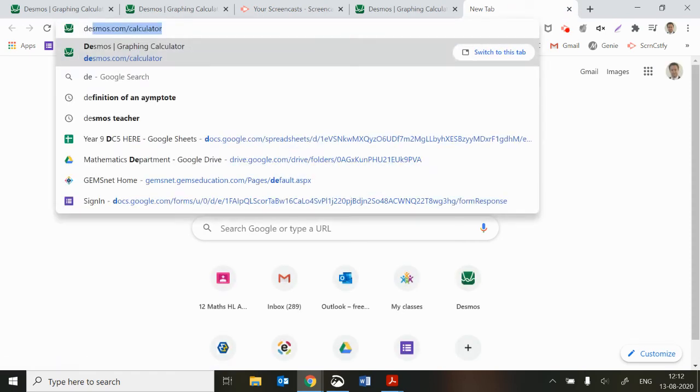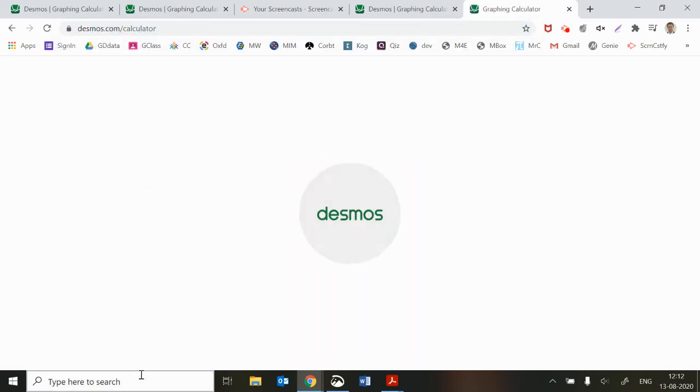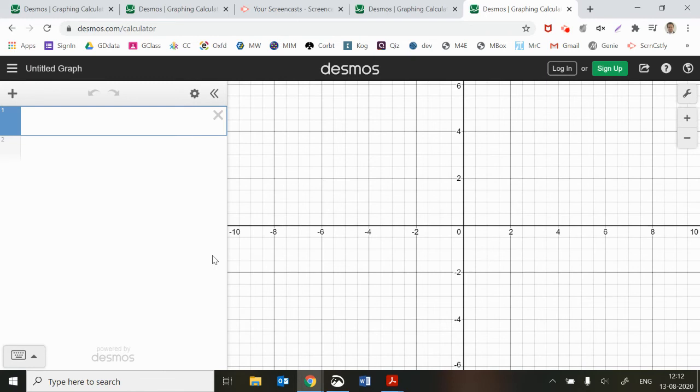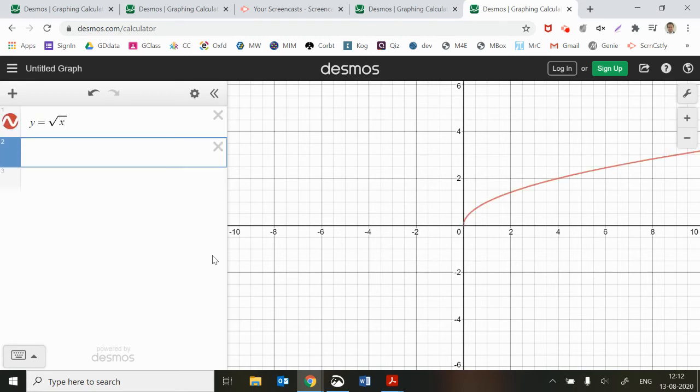So let's have a look at this. Let's come up with another Desmos. We've got y equals the square root of x here. That's our original function. Now I've said the first thing to do is square root of minus x. That's the first transformation.